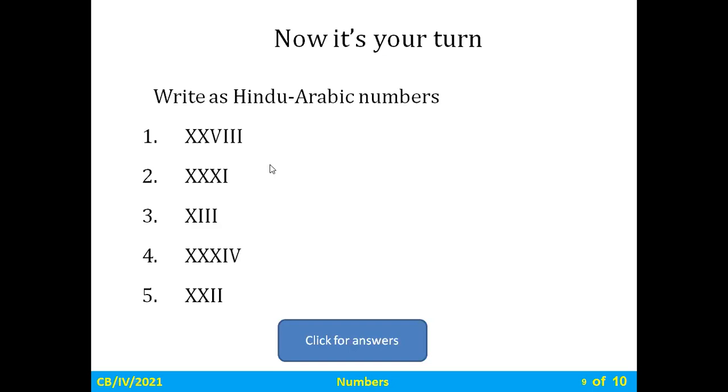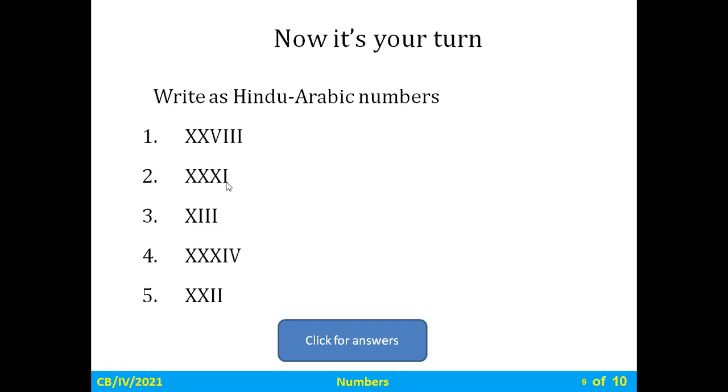So we are going to just add it all. So this will be 10 plus 10 plus 5 plus 1 plus 1 plus 1, or 10 plus 10 plus 8. 8 we write it like this. So it will be how much? 28. Yes.